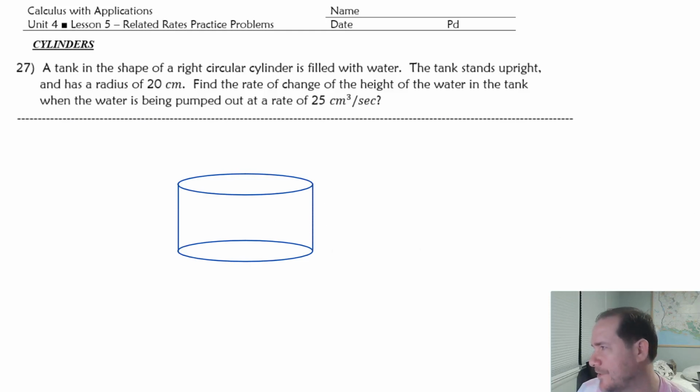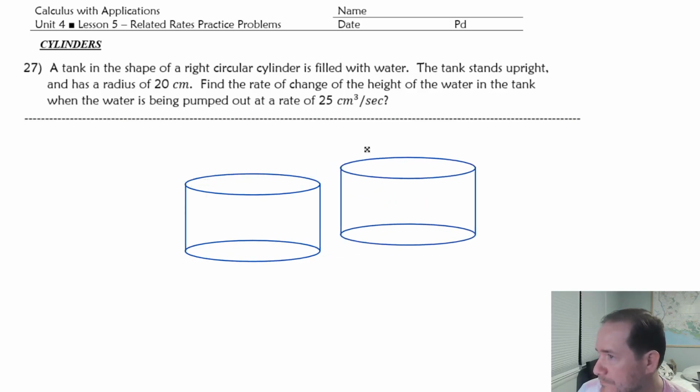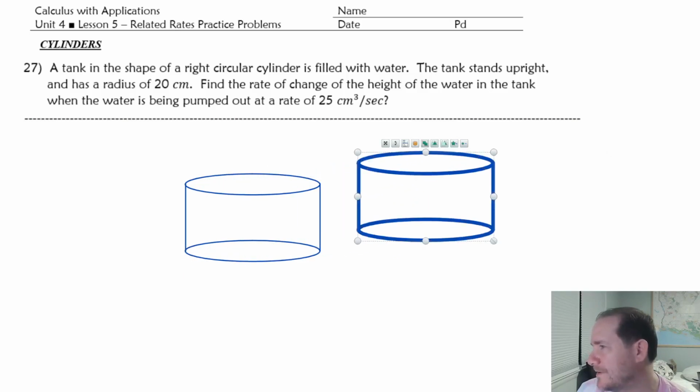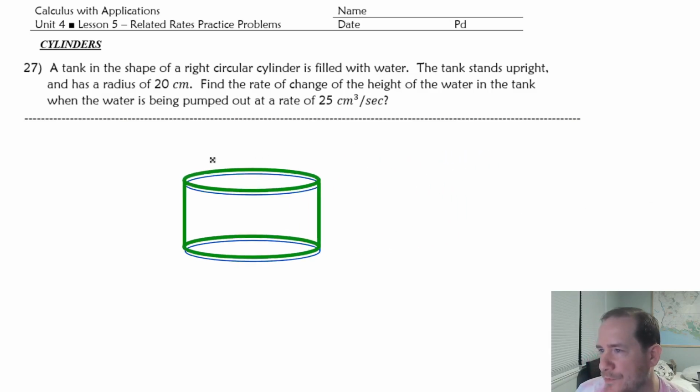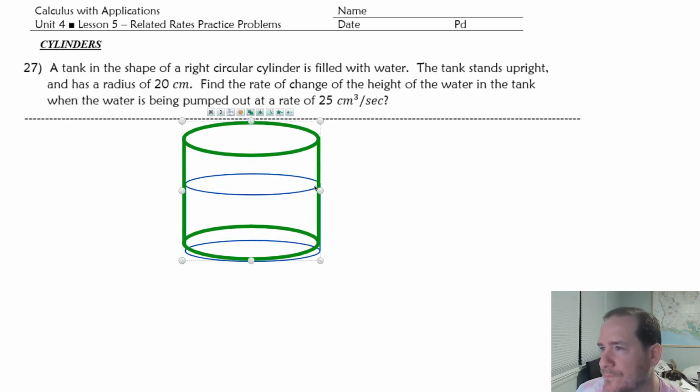Well, that water has to go into something, right? So that'll be the container. Duplicate. If this is my container, I'll make it thicker. We'll make it, I don't know, green. It's a green container. And we'll put the water inside of there. I don't know what I'm doing here.